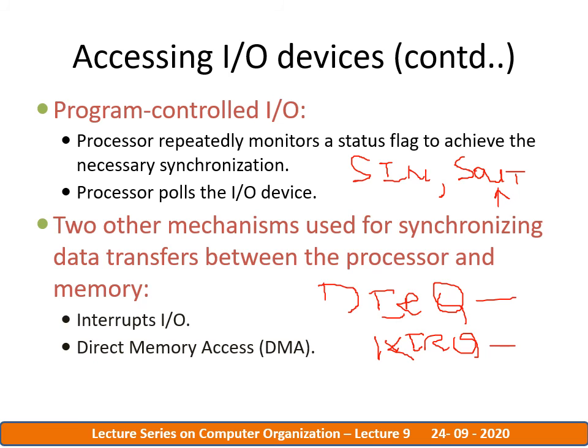The first is program controlled IO, then interrupt IO, then the third is hardware controlled IO, also called direct memory access. In the next lecture, we'll see how interrupt IO and direct memory access are designed to communicate with the different input output devices. With this, I conclude.